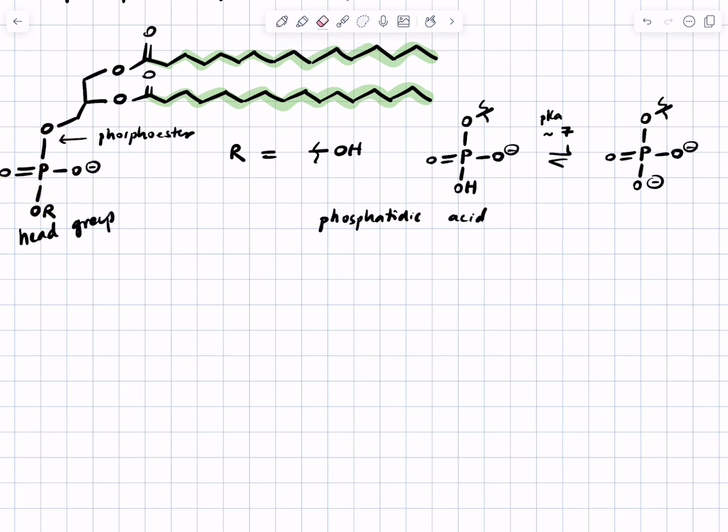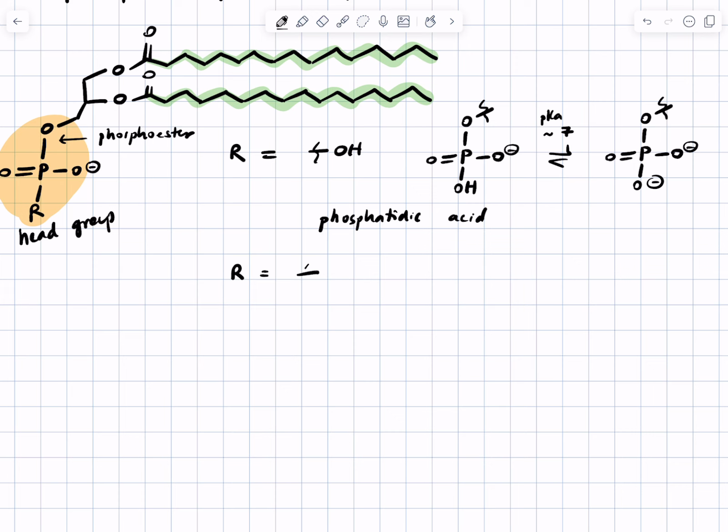I'm realizing that I should have just put R here since I've said the R was an OH. All right, and then this is our polar head group. Depending on what R is, it can change the character of the polar head group.